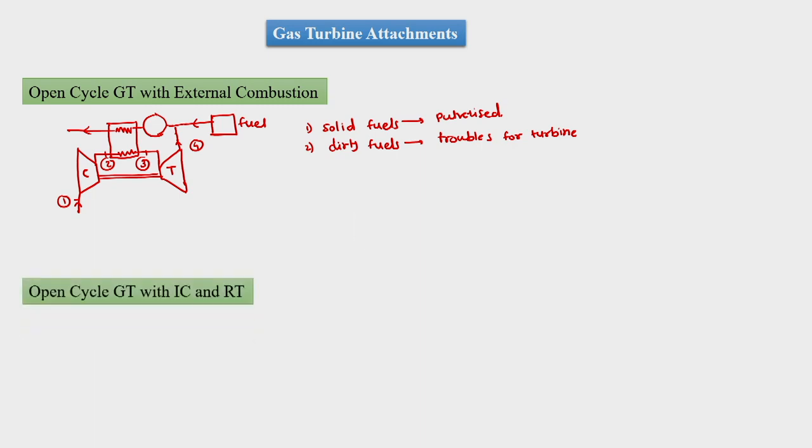There is one more attachment for a gas turbine power plant, and that is the intercooler. So we know that if we want to do multi-stage compression, then we are providing some work input in the process of compression, but this work input should be reduced, and reduced work input will practically increase the work output of the cycle.